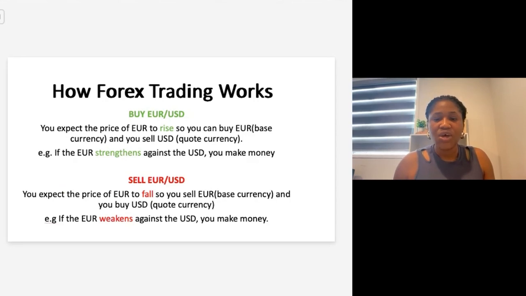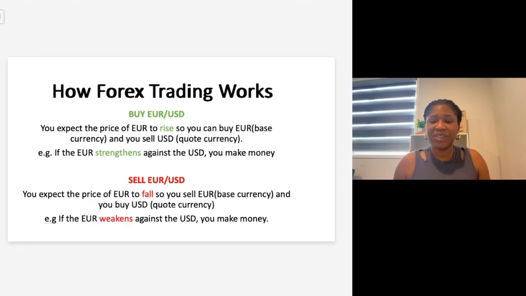How Forex trading works. So when you are buying euro USD, you expect the price of euro to rise, so you buy euro, that's the base currency, and you sell USD, which is the quote currency. So for example, if the euro is stronger against the USD, you make money.